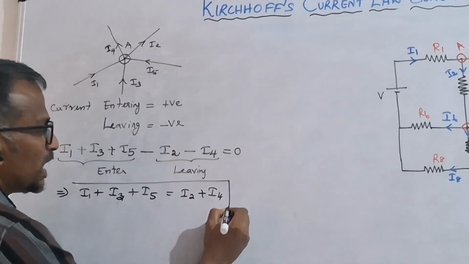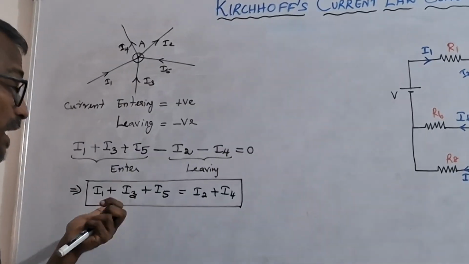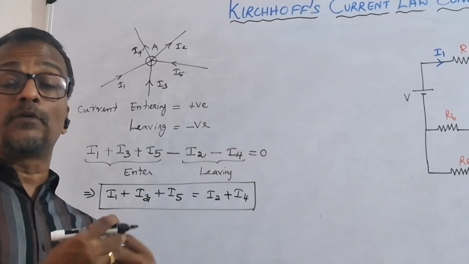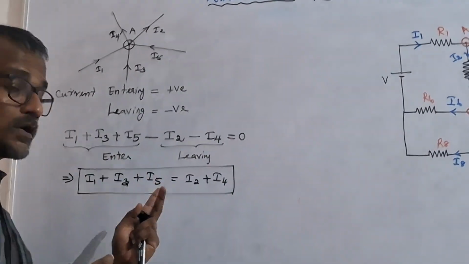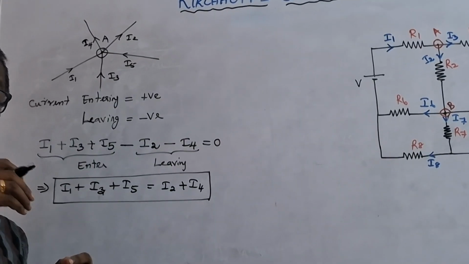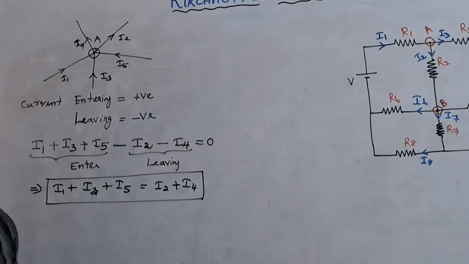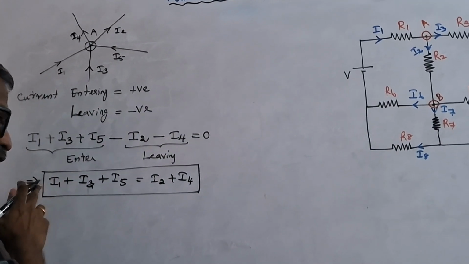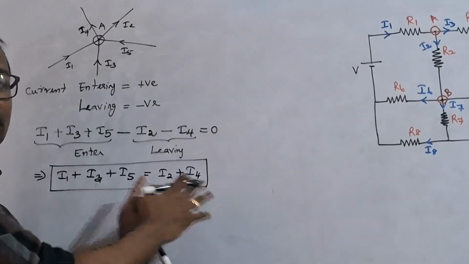So from this, another definition of Kirchhoff current law is: the sum of the currents entering the node is equal to the sum of the currents leaving the node. So we can explain Kirchhoff current law in two ways. The algebraic sum of the currents entering the node equals the algebraic sum of the currents leaving the node, or otherwise, the total current entering the node is equal to the total current leaving the node.